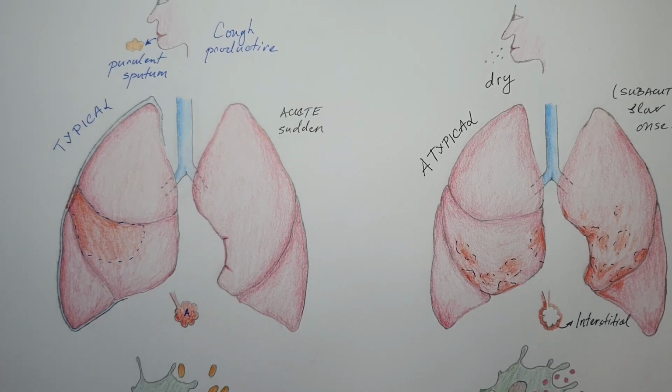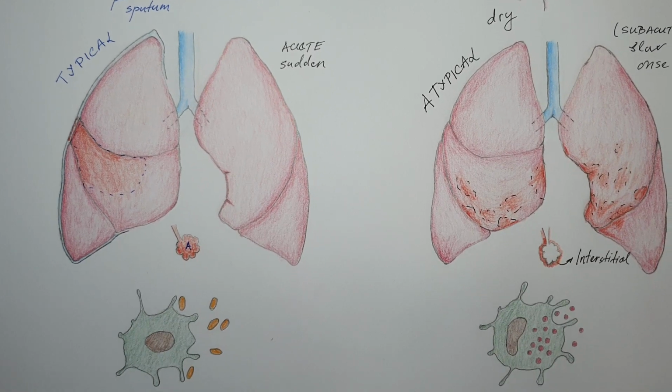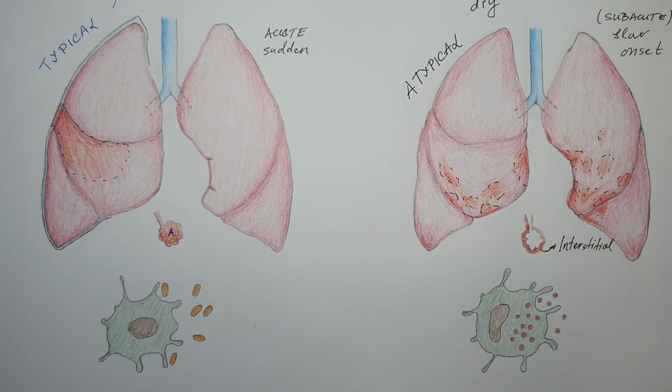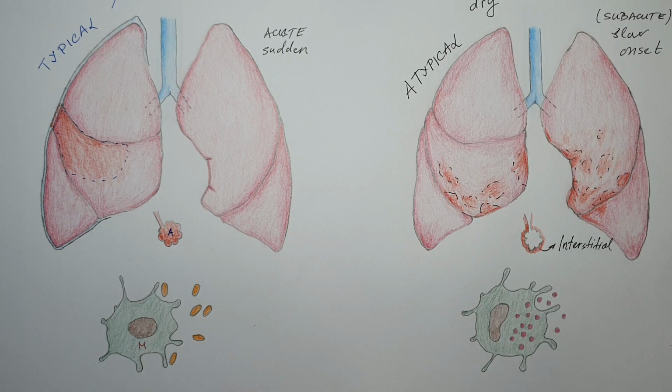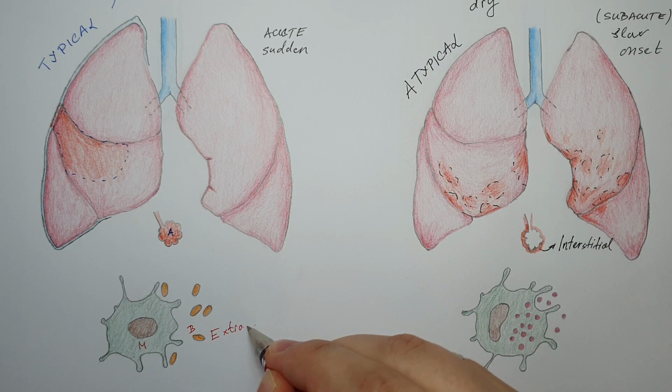So if we take a look at typical pneumonias, this is a macrophage in our lung, and these are extracellular pathogens. Let's say these are little bacteria.